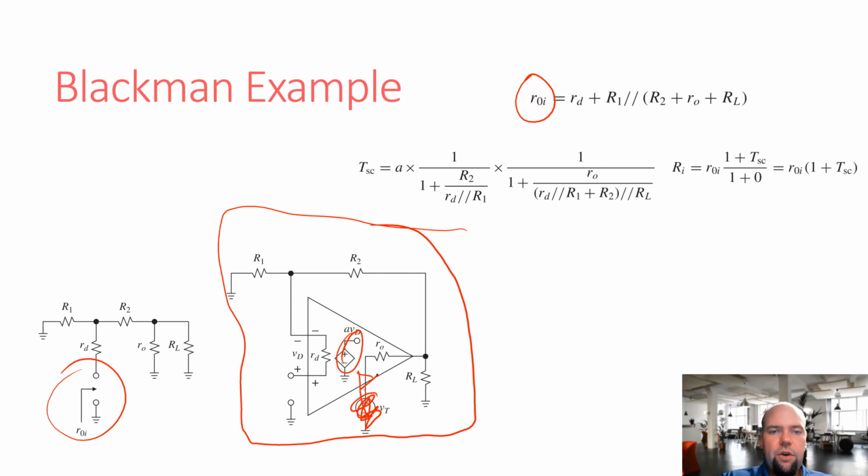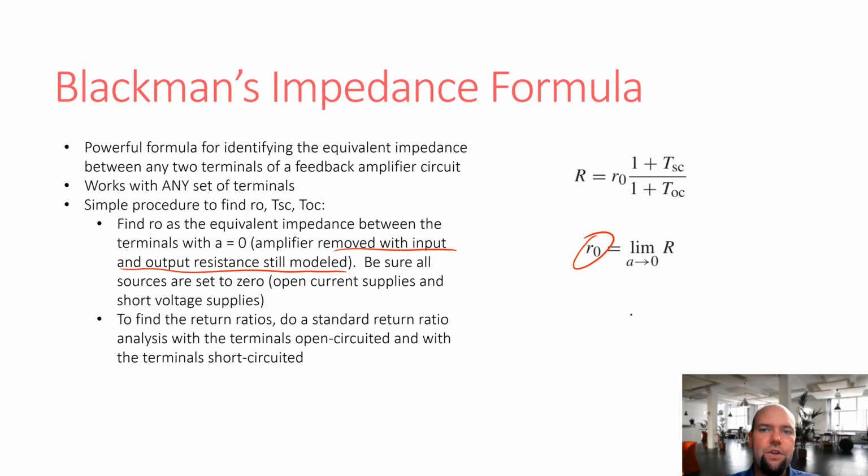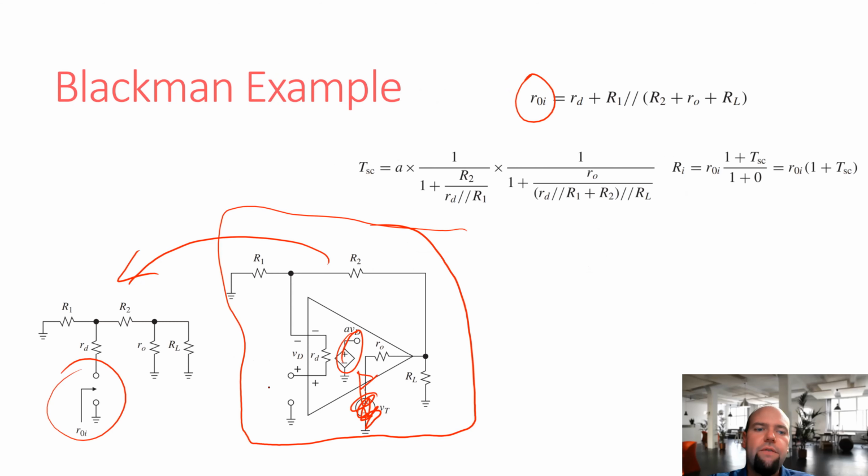Doing that, this is your equivalent circuit. It's fairly straightforward. We're looking for the equivalent input resistance here. For Blackman's impedance formula, this R naught calculation is not quite the same as the feed through gain calculation. We're not looking for a ratio. We're literally looking for the equivalent impedance this circuit sees with a gain of 0.